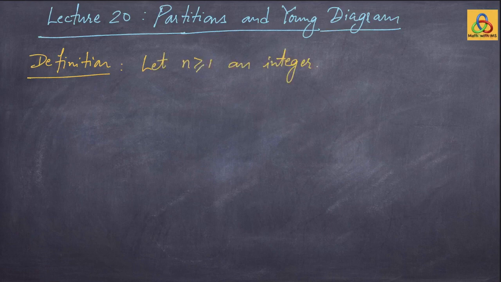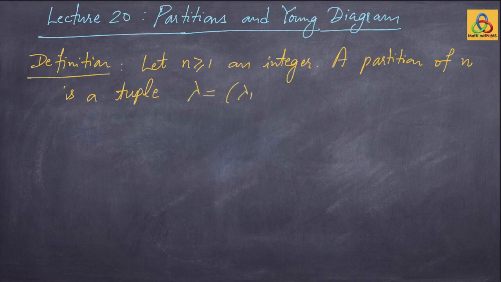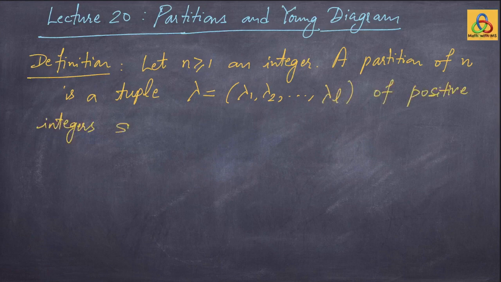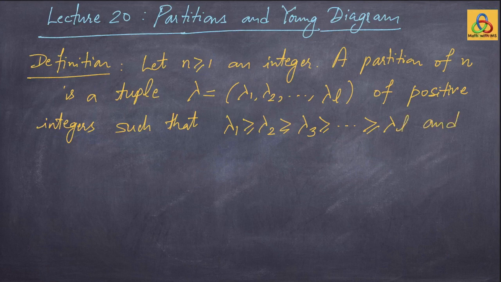A partition of n is a tuple, let us denote it by lambda, lambda 1, lambda 2, and so on, lambda L, of positive integers such that lambda 1 is bigger than or equal to lambda 2, bigger than or equal to lambda 3, and so on, bigger than or equal to the last lambda L, and the sum of all these lambda i's is n. That is, lambda 1 plus lambda 2 plus so on plus lambda L is n.